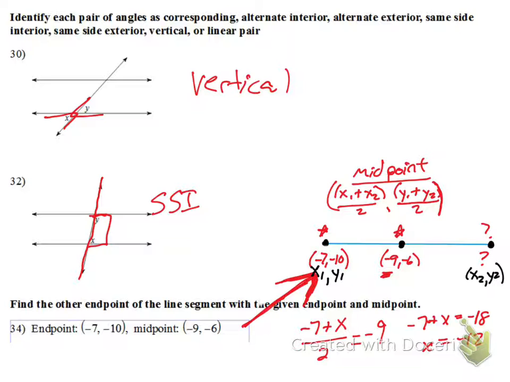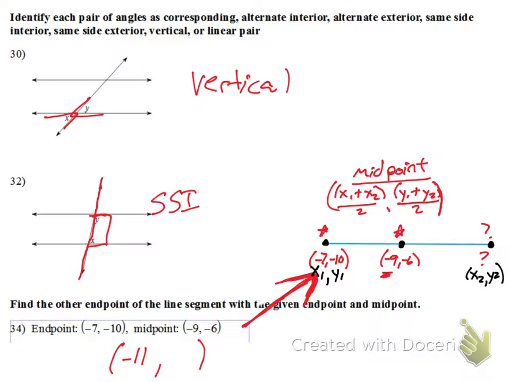What did I do wrong here? -18, that'd be -11. So your first point and your final answer, you have an x and a y, so that would be -11. All right, I'm going to erase that because I don't have much room.